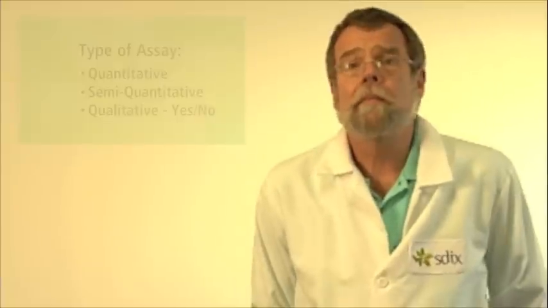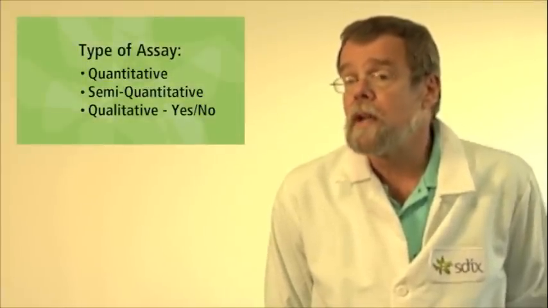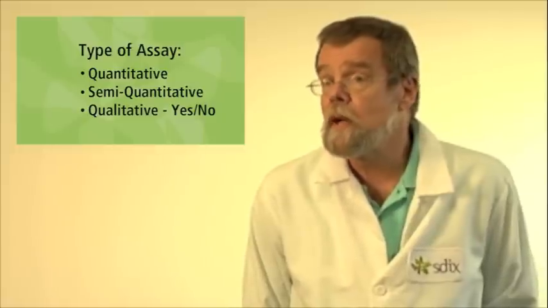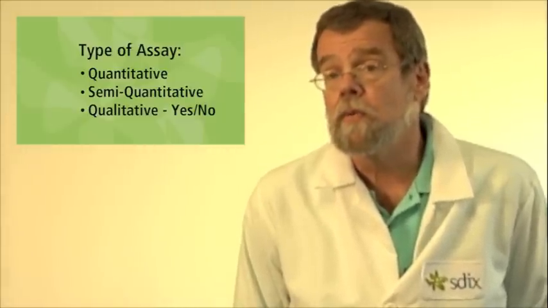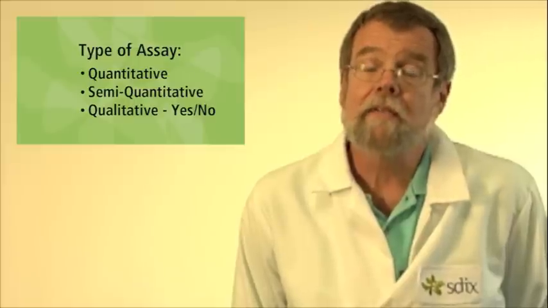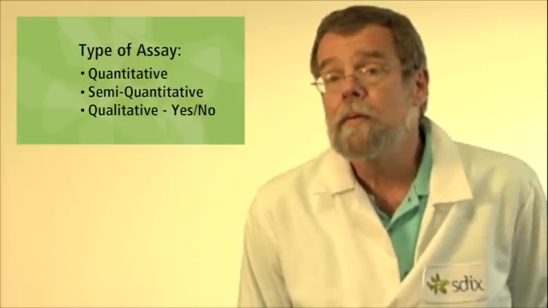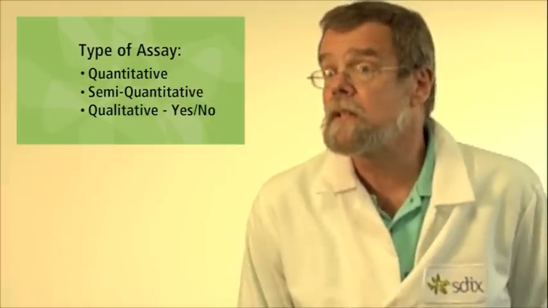You need to think a little bit about the type of assay that you're going to do. Is it going to be a quantitative assay? And if it's quantitative, what's the degree of accuracy and precision that you want to have out of that assay? Or maybe it's a semi-quantitative assay, or maybe it's just a yes-no qualitative assay that gives you a real fast result without giving you much information about the quantity of the target that's present.